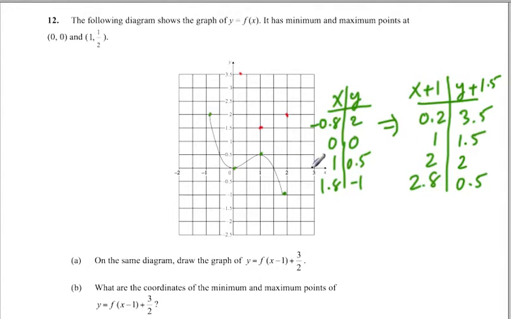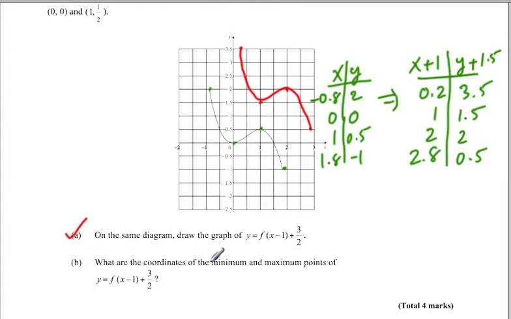And then 2.8 and 0.5, which is somewhere around there. So all we have to do is just connect the dots now. So that goes like that, like that, like that. So that's basically how you draw the graph of that. You could have done it your way too. You could have figured out intuitively where it should go, but I like to be a bit more exact, so that's how I've done that.